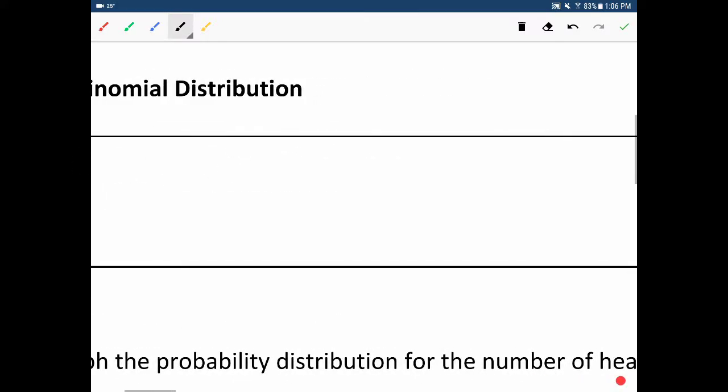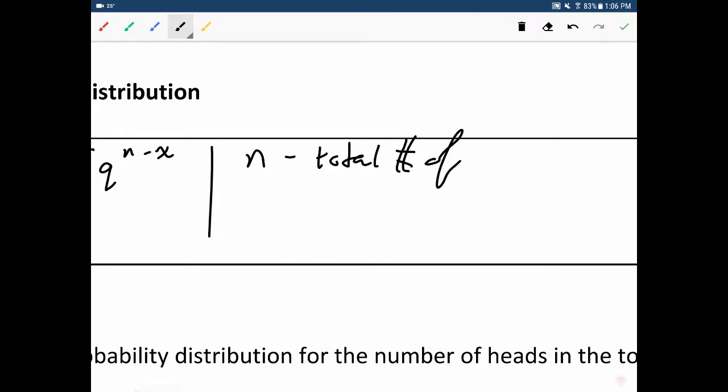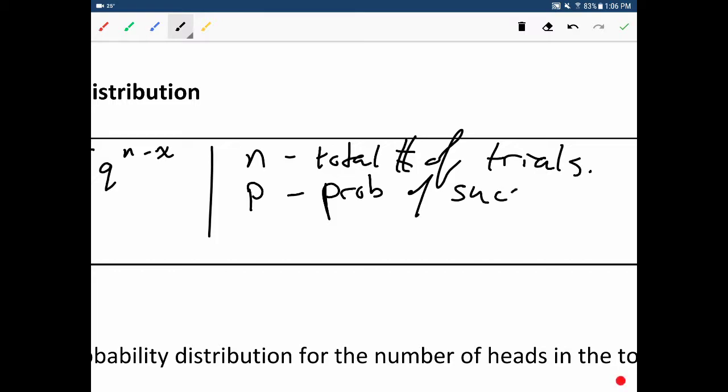Here n is the total number of trials, p is the probability of success, and q is the probability of failure.